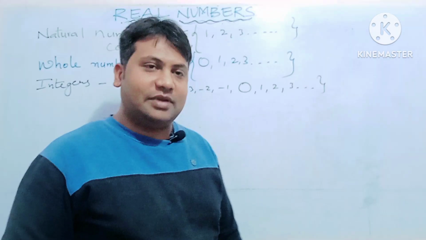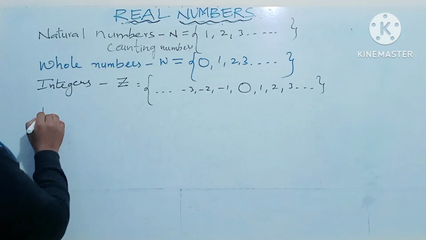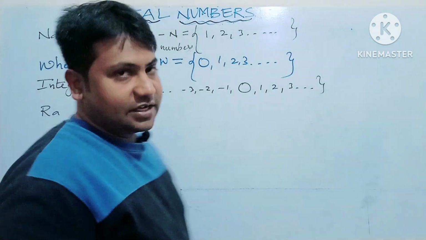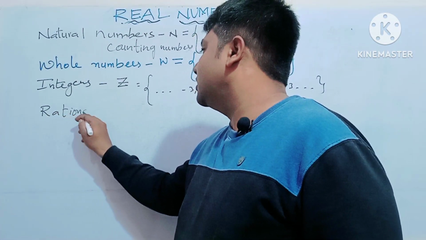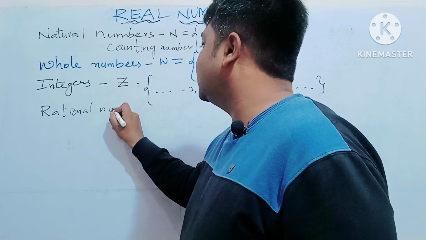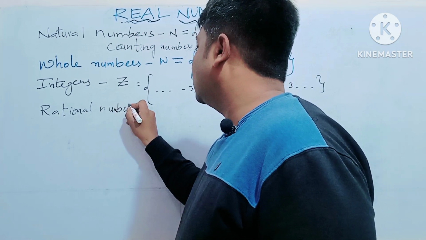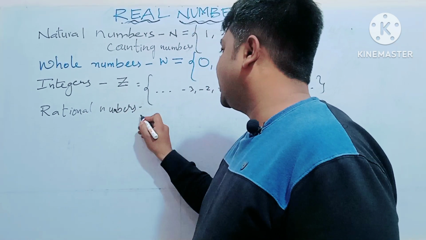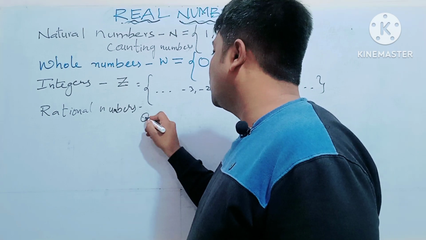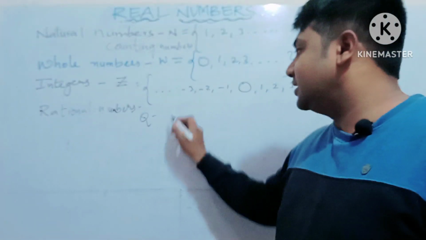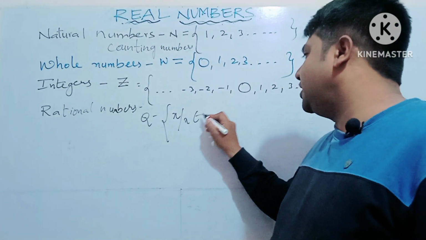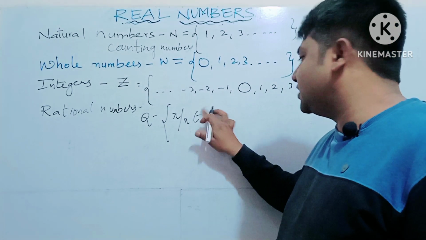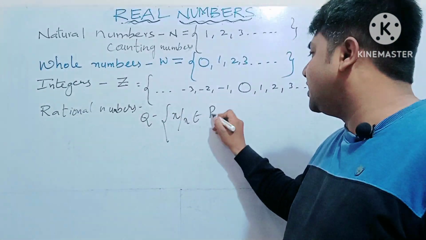Now the climax is rational numbers, denoted by Q. They are in the form of p by q.